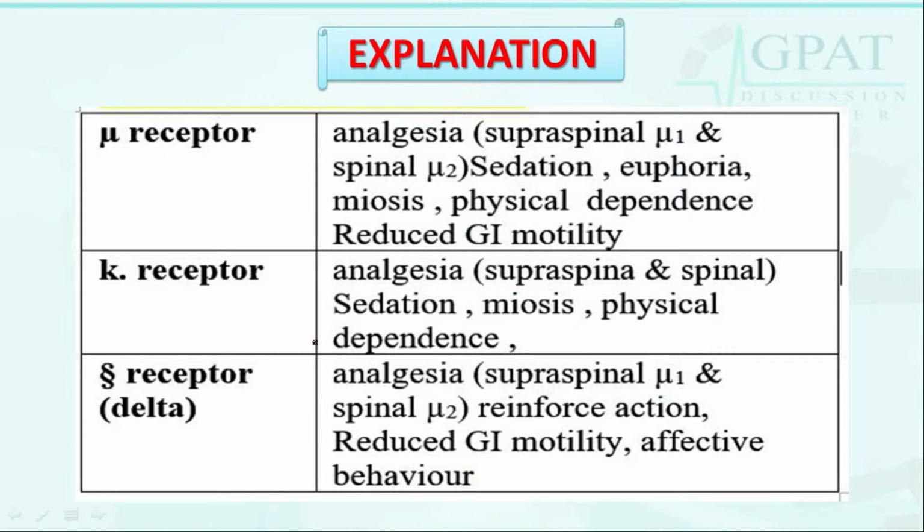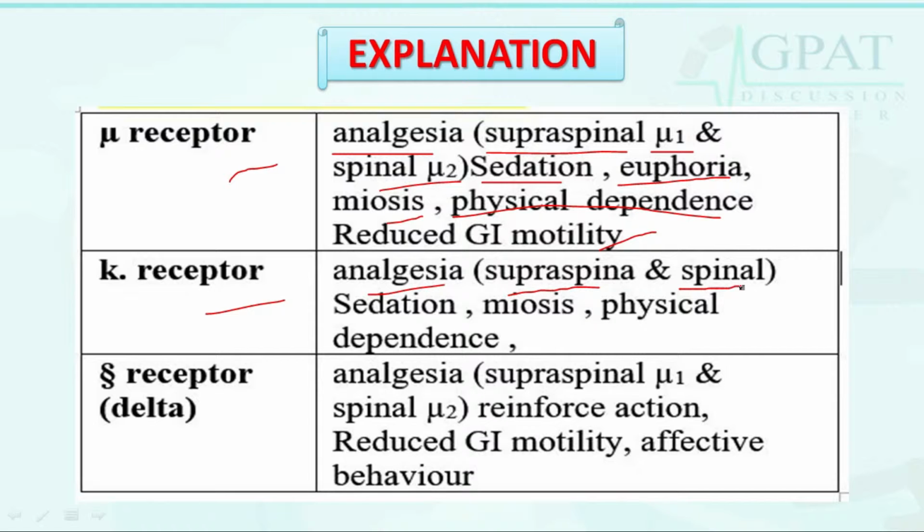So let's discuss with the help of detail. Here we have this table. For the mu receptors: analgesia, that is supraspinal mu1 and spinal mu2, sedation, euphoria, miosis, physical dependence, and reduced GI motility. For the kappa receptor: analgesia, that is supraspinal or spinal, sedation, miosis, physical dependence.